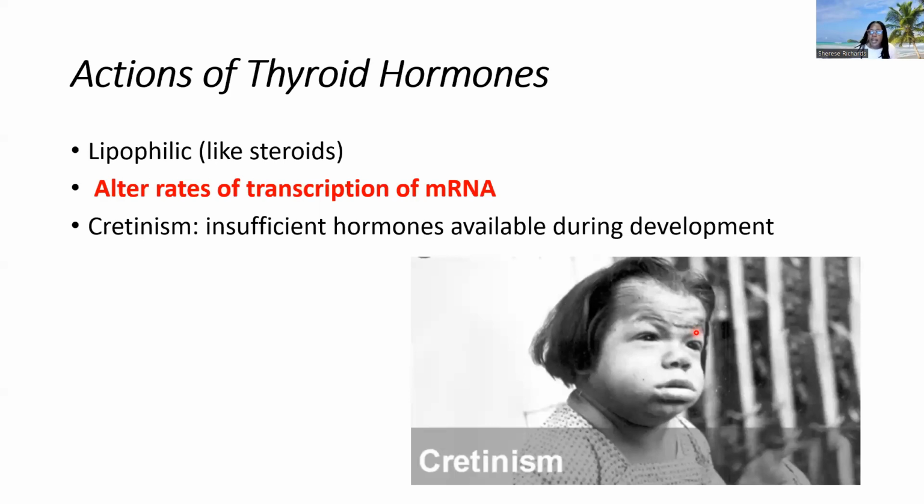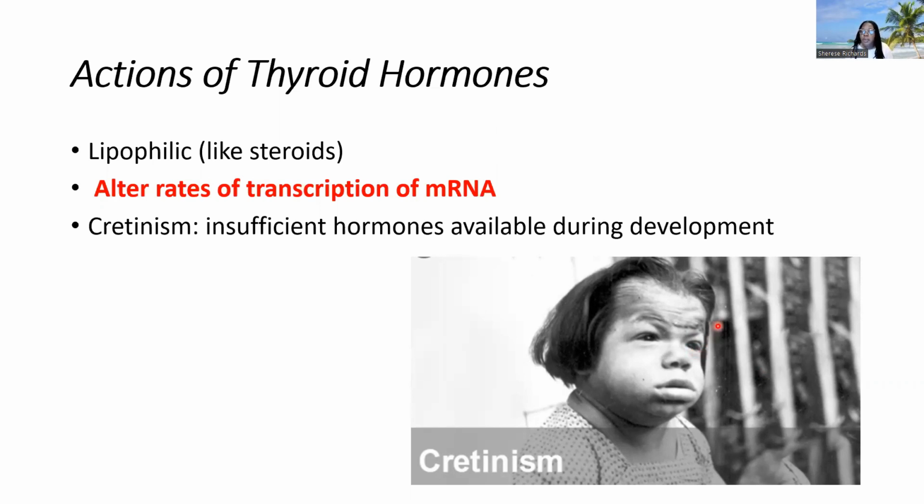Let's say a woman is not exposed to enough iodine, so she doesn't have enough thyroid hormone being secreted during the development of that fetus during pregnancy, then this will result in some congenital deformities when that fetus is born, which present as cretinism. So not only are there obvious facial deformities, but there is cognitive decline. There may be learning disabilities and that type of thing with infants that are born without adequate thyroid hormone.